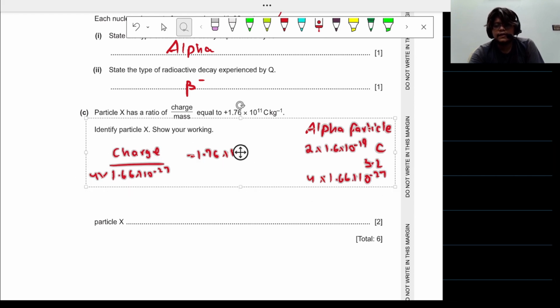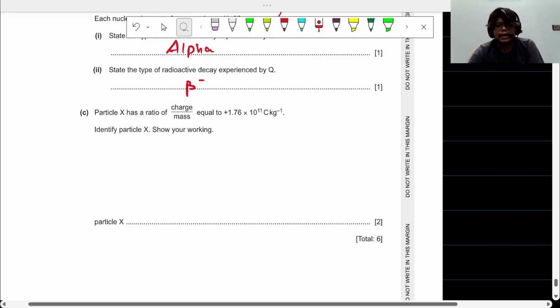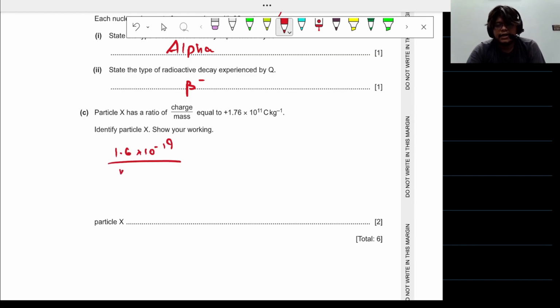Now let's assume that this is a proton or a positron, right? So for a positron, let's assume the charge, or let's assume the mass. It's up to you. You can assume the charge or mass, right? So let's assume the charge of a positron is 1.6 times 10 to the power minus 19. You will find the mass from here, and the charge to mass ratio is 1.76 times 10 to the power 11.